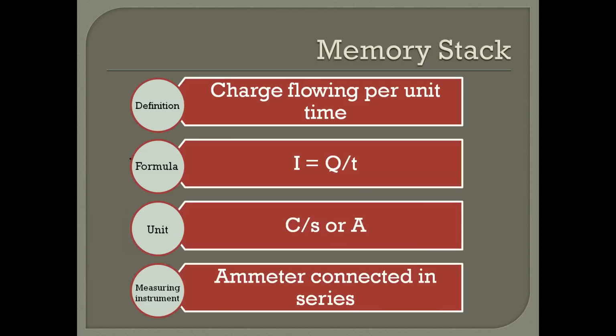And is there any other way of connecting instruments? Yes, we will be studying about series, and one more type of connection is there, parallel combination, which we will be discussing in the forthcoming video. Now you keep in your mind that ammeter is the measuring instrument. It has to be connected in series. About series, we will be discussing in the forthcoming class.